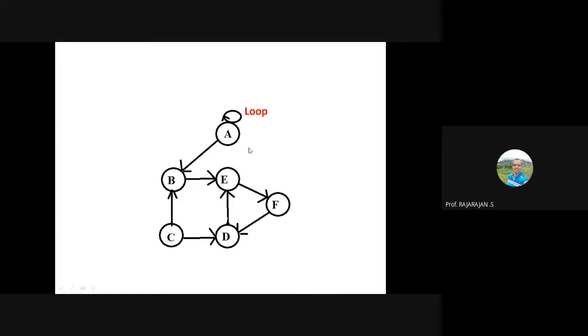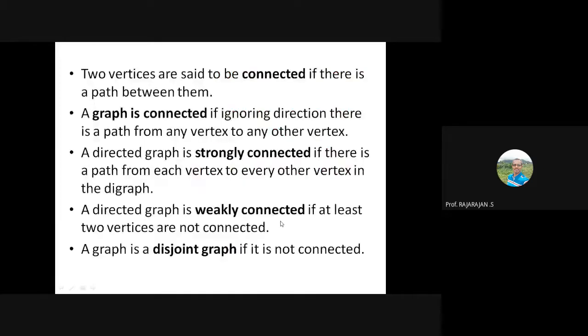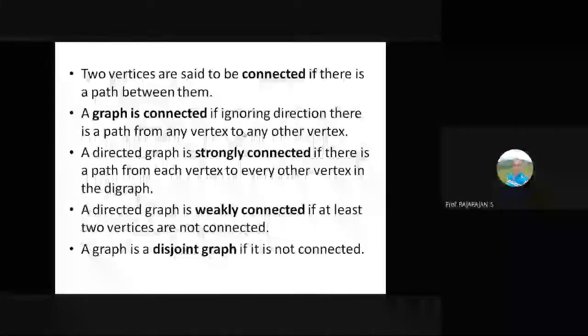Okay, this is called a loop. Two vertices are said to be connected if there is a path between them. So if I am able to start from a source vertex and then somehow reach the destination vertex, then they are said to be connected. It need not be an adjacency.